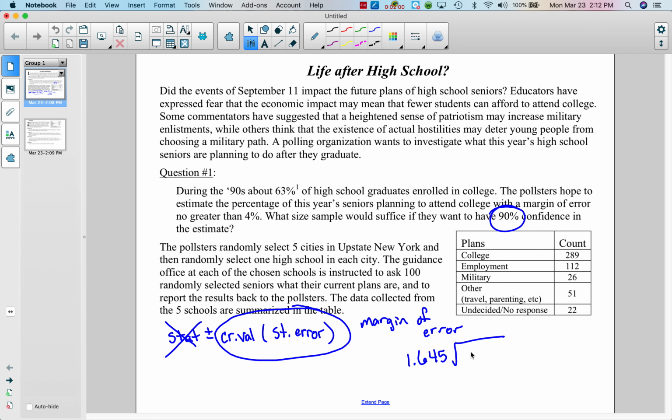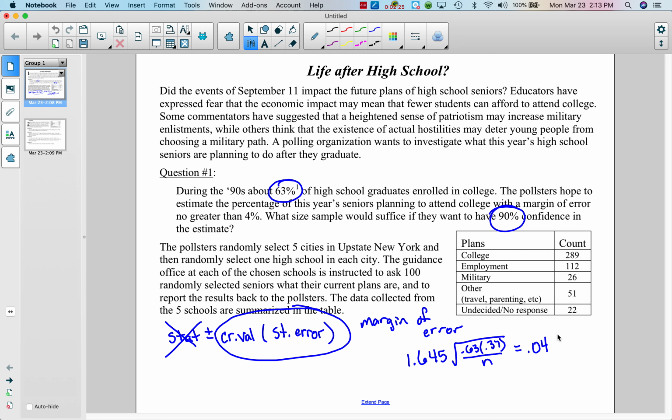We don't know p hat because we're trying to determine the sample size. This is where we can use a known value that they give us. If they hadn't given us that, we would use 0.5, but I'm going to use 0.63, and then 1 minus p hat would be 0.37, and then we don't know the sample size n. This is the margin of error, and we want that to be no greater than 0.04. So you're going to need to solve for n to figure that out.